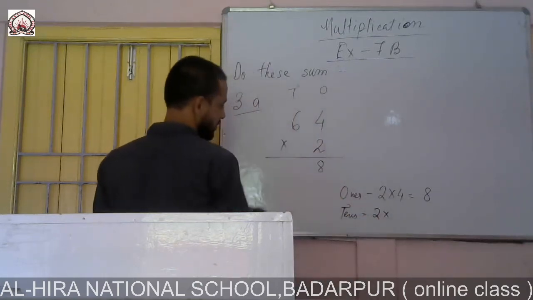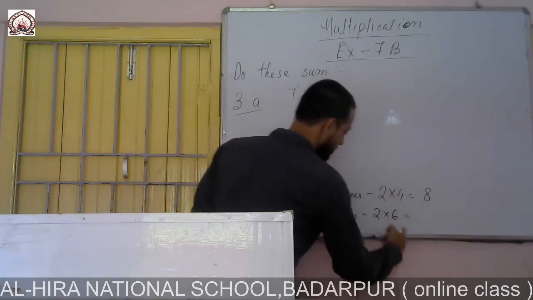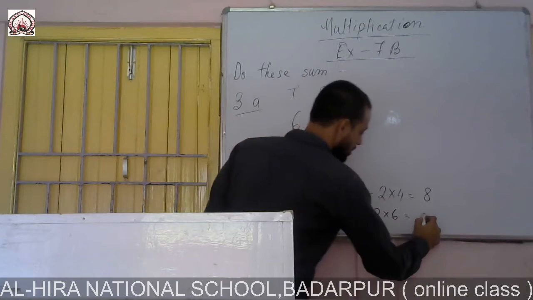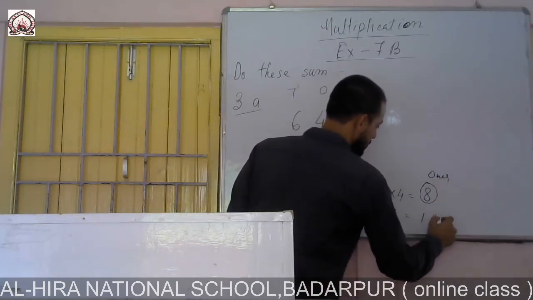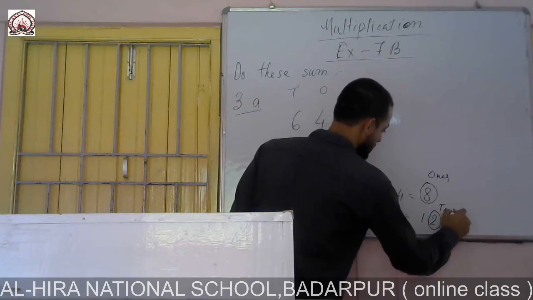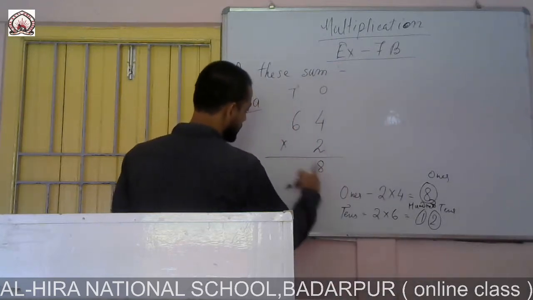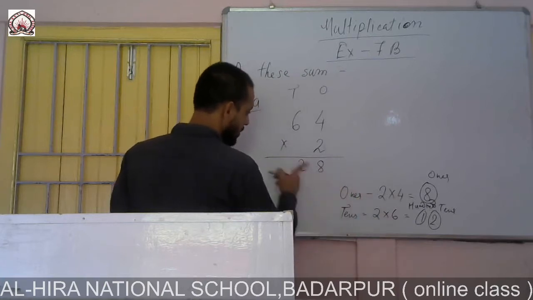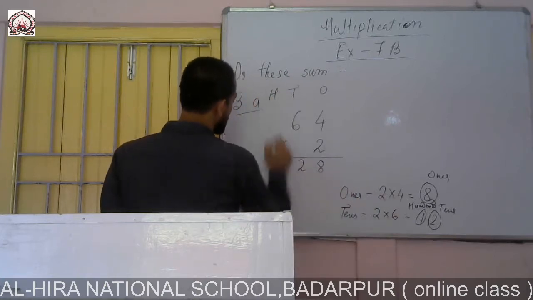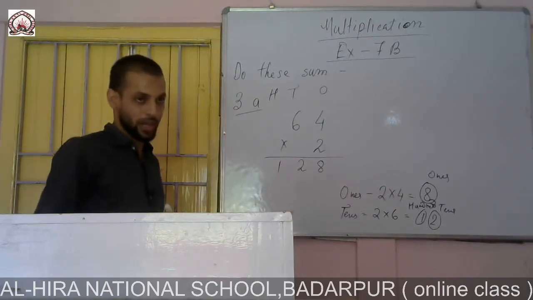In tens place which digit is there? The digit is 6. So what we have to do? We have to multiply these two numbers. So 2 sixes are what? 12. So this is the tens place and this 1 will come to hundreds place. So here we will get 2 and this 1 will come to which place? Hundreds place. So the answer is 128.